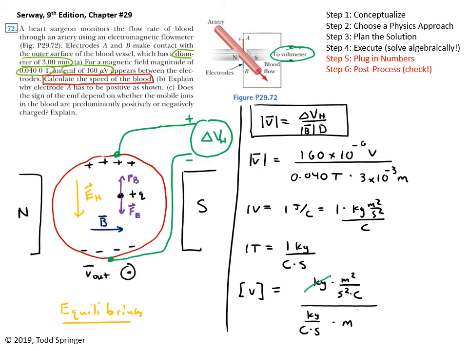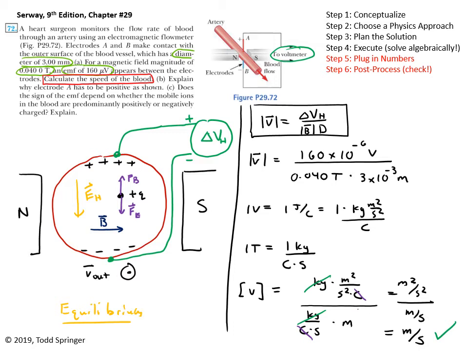There's a kilogram on the top and a kilogram on the bottom. There's a 1 over coulomb on the top and a 1 over coulomb on the bottom, so those are gone. On the top I have meters squared per second squared, and on the bottom I've got meters per second. This is all meters per second, which is the right units of velocity. So the units are good.